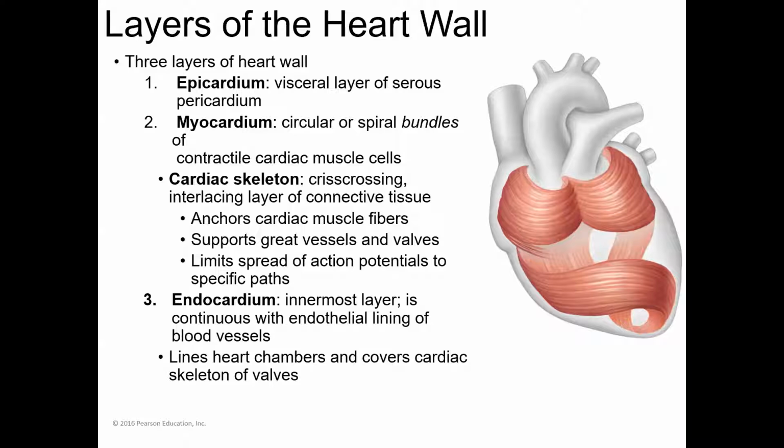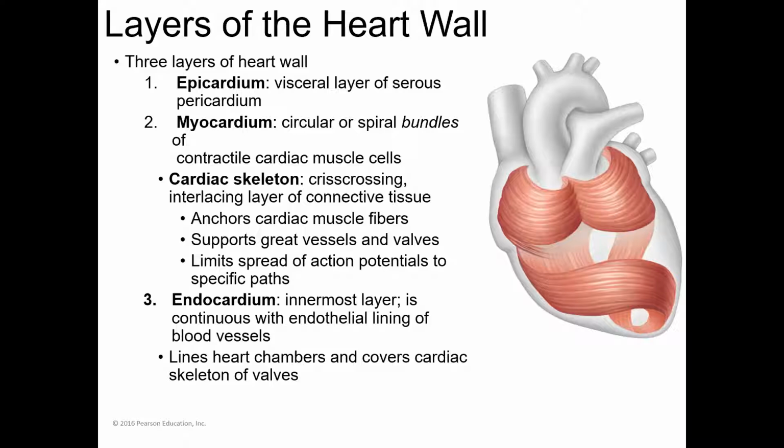Underneath that, we have the myocardium. We know it's cardiac muscle because it means myo and cardium. But the cardiac muscle is in bundles, spiral-shaped bundles. Notice how on the slide here we have these circular patterns and how they're interlaced.